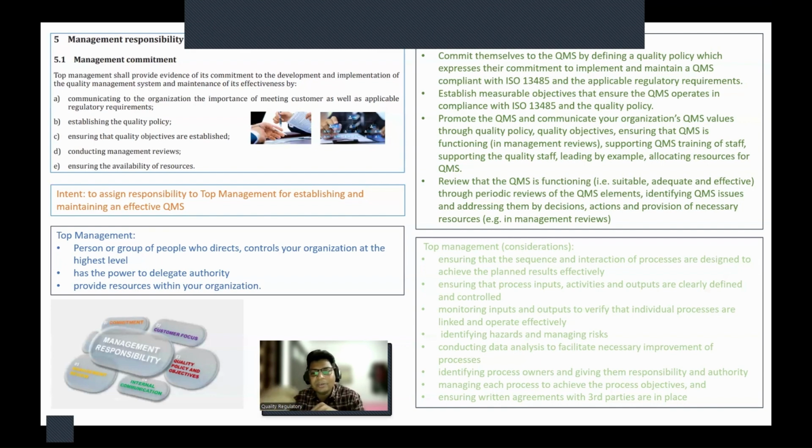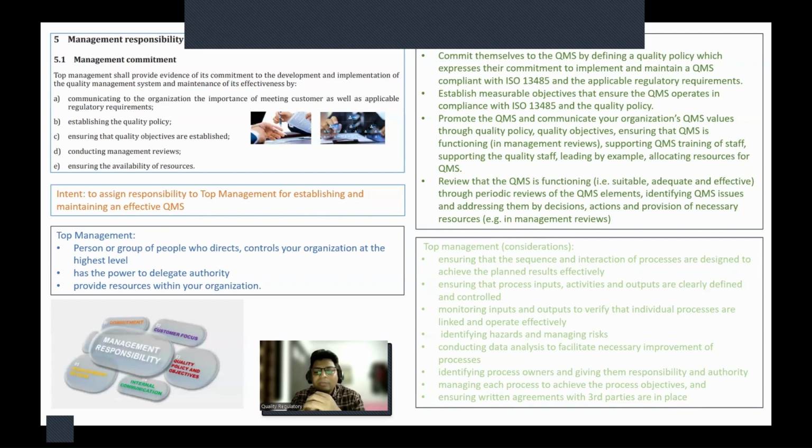Let's say risk management: how is risk management interacting with design and development, how is procurement interacting with design and development, and how product realization, meaning tech transfer or design transfer to the production activities, is interacting, and how customer input or user need is interlinked with design and development.